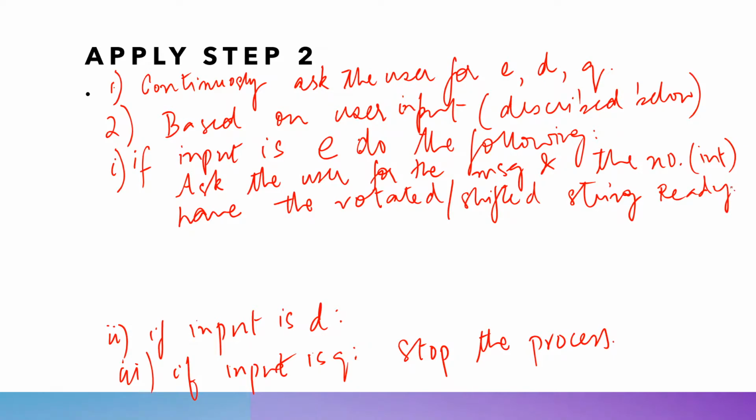And maybe these are sub steps, so I'll just indicate them with arrows. Have the rotated string ready, and then based on the value of the integer or the number, find its equivalent in this rotated string, right?